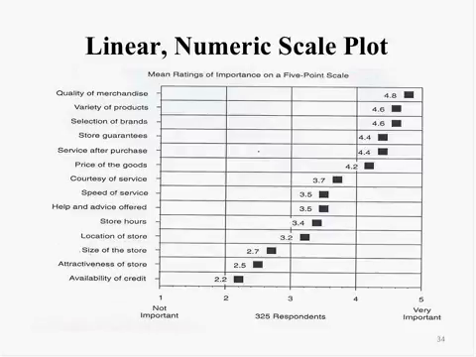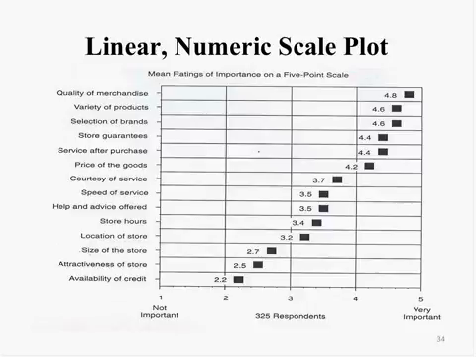So these 325 respondents indicated that quality of merchandise was most important, followed by a variety of products, etc. And the blocks are meant to be greater or lesser in width, and the narrower block indicates greater agreement. That is to say that it's got less variation from the high to the low value.